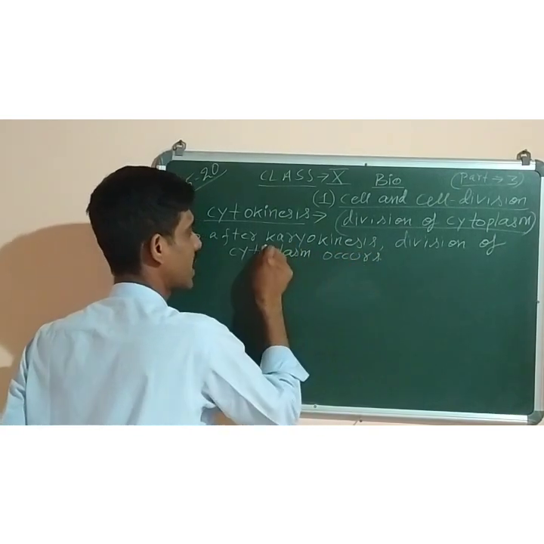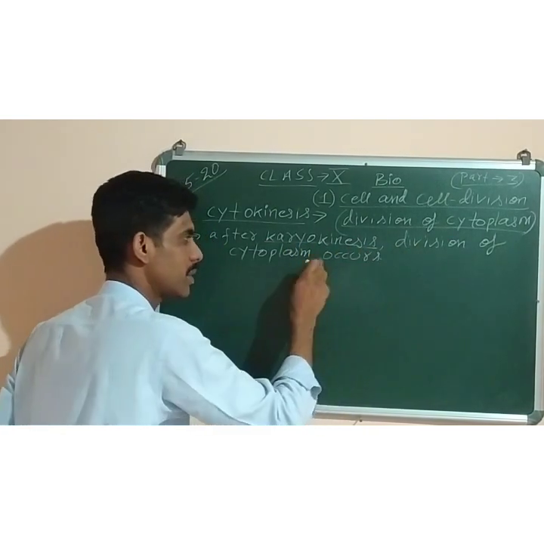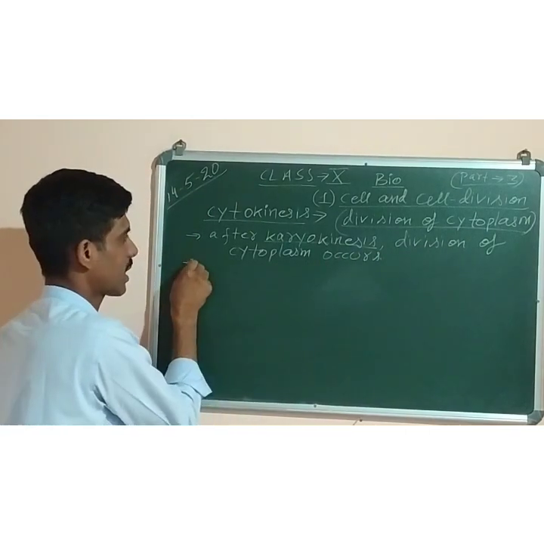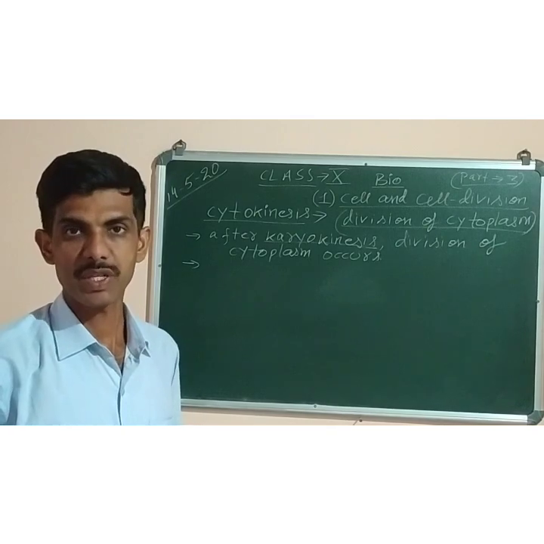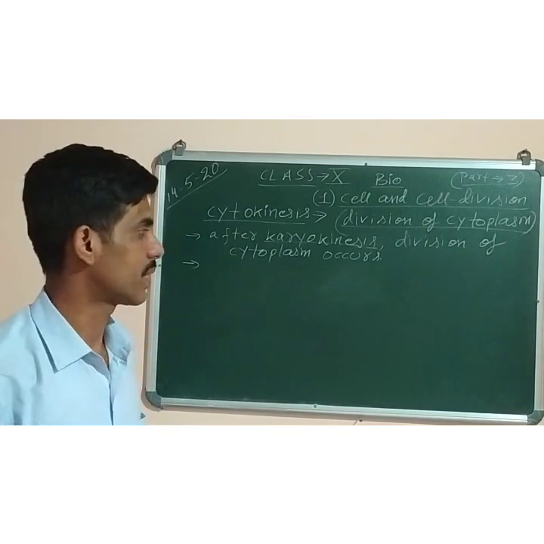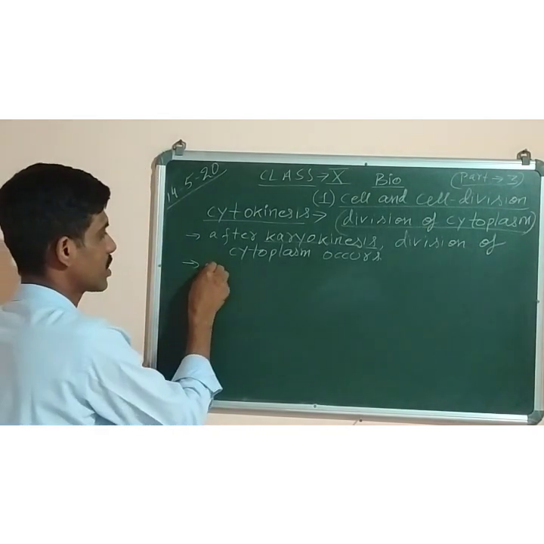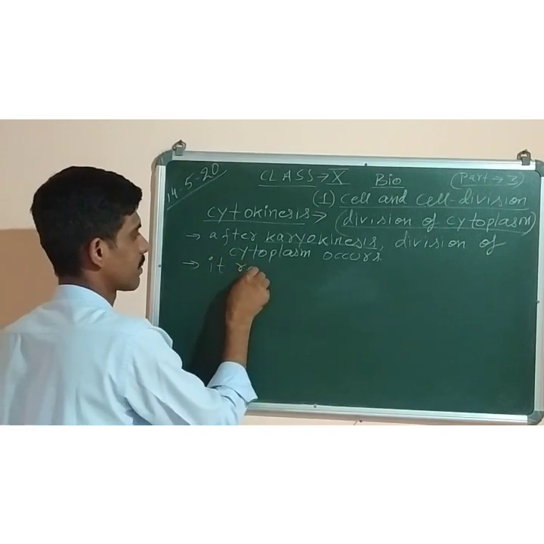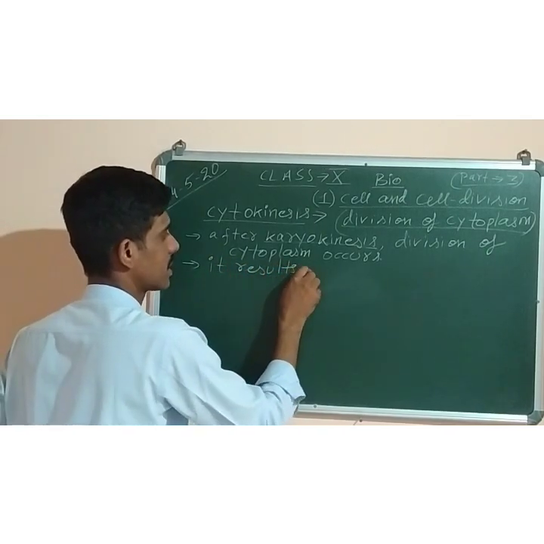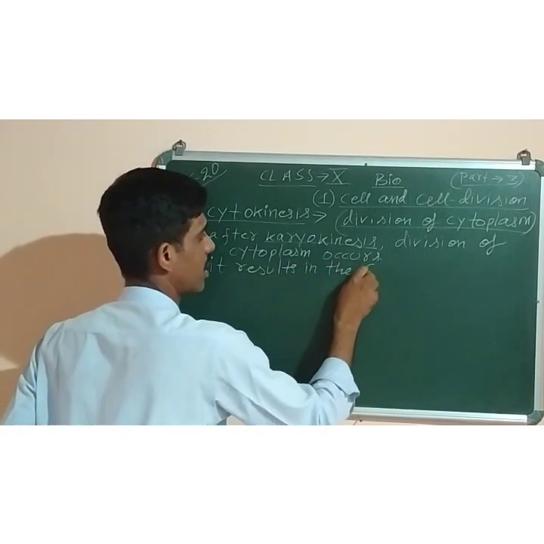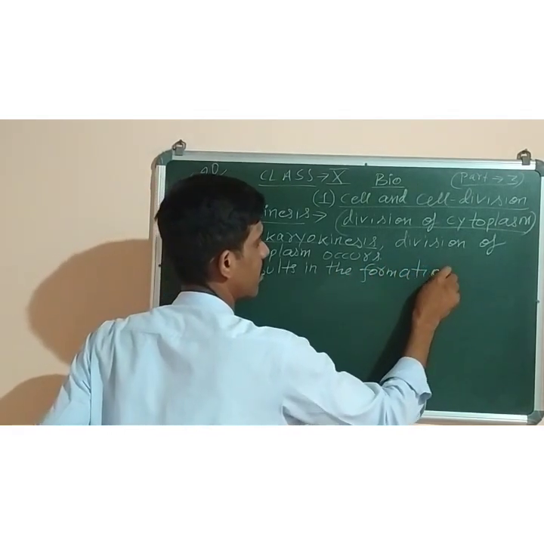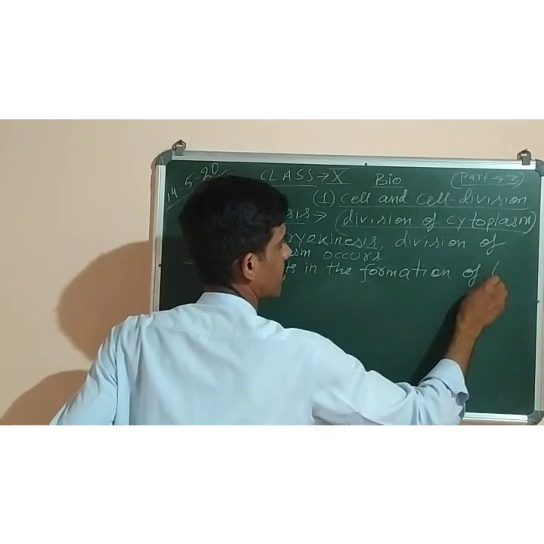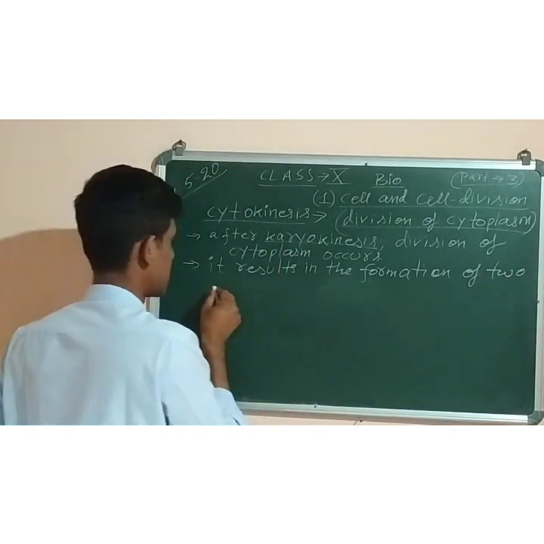Means first there will be karyokinesis and then the division of cytoplasm. Okay? And karyokinesis was further completed in 4 substages: prophase, metaphase, anaphase and telophase. Now because of this cytokinesis, 2 daughter cells are formed.